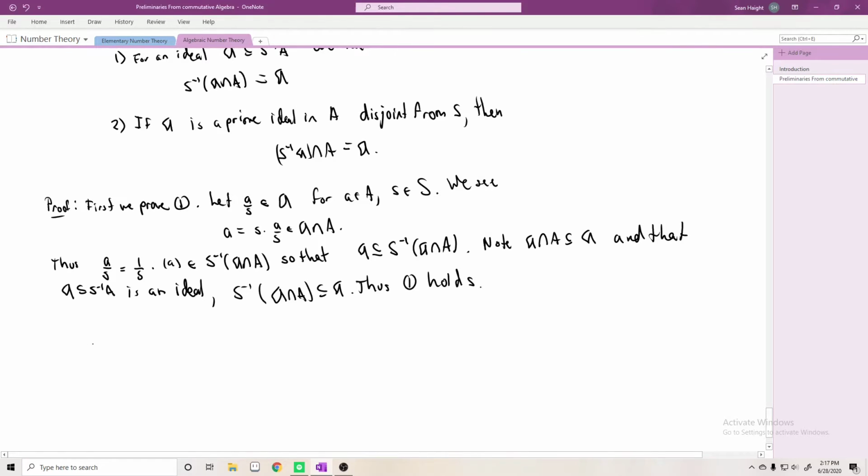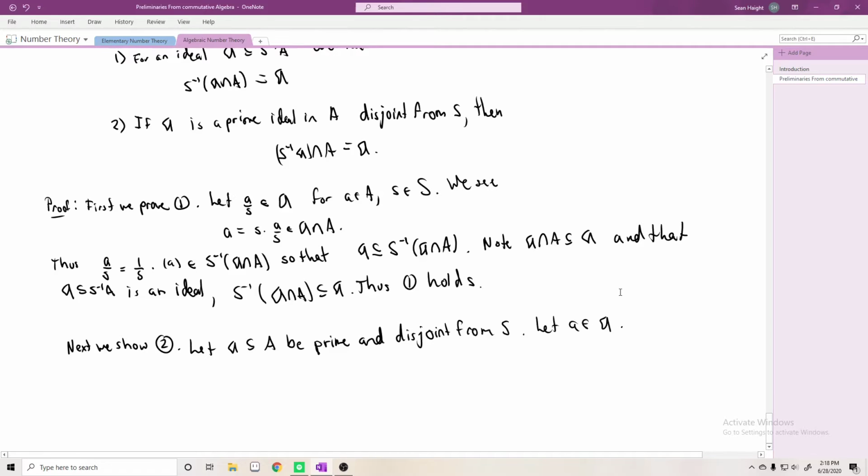Next let's show 2. We're going to let 𝔭 subset of A be a prime ideal disjoint from S, and we're going to let little a be in 𝔭. What's our goal?